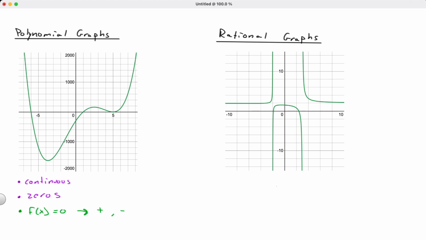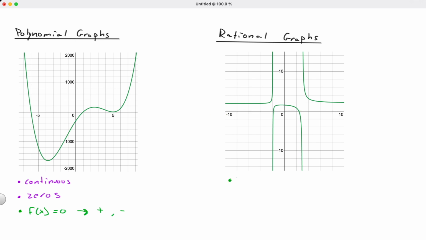And this is going to be important here too, because like polynomials, these certain spots where interesting things like a vertical asymptote or a zero happen are going to be the key places for us to pay attention to in terms of when this graph can cross the x-axis, right?